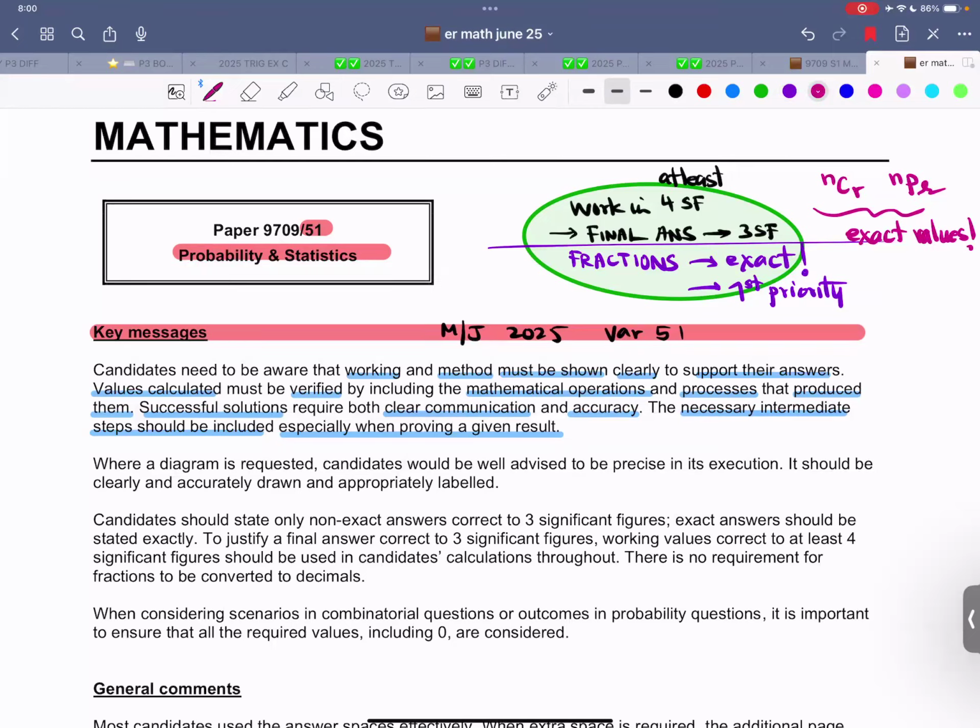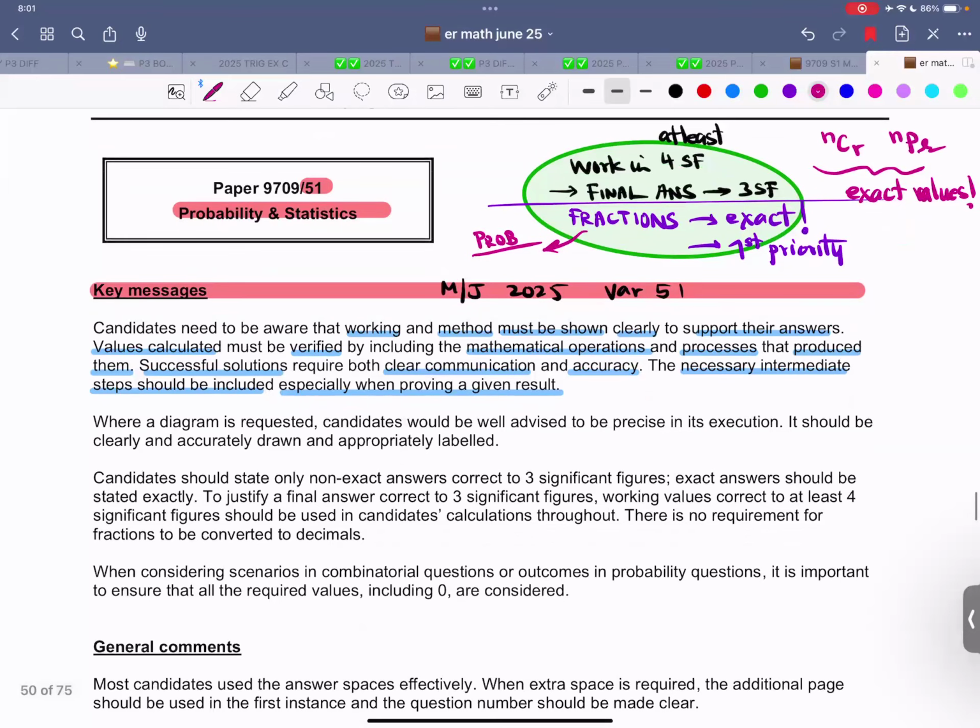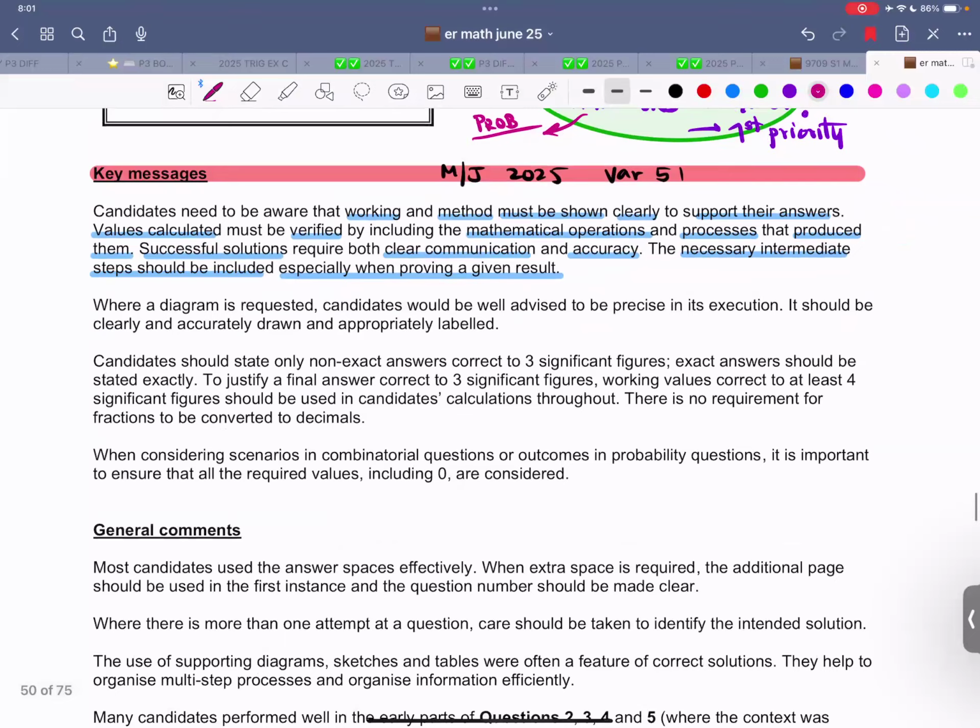Fractions should also be used in probability. Maybe you are dividing 2 probabilities, the final answer can come out as a fraction. So just take care of all these important details. All good, all clear? Now, let's continue reading.